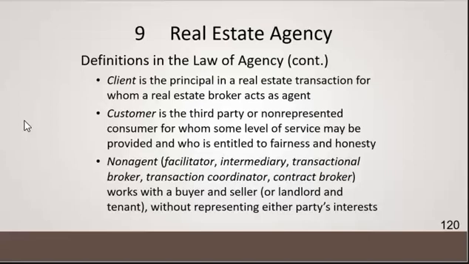A non-agent is when you have no agency with either the buyer or the seller. This will happen very, very infrequently. I think I've done it 3 times in my career. So basically, watch this. What you have got is I have got 2 customers.